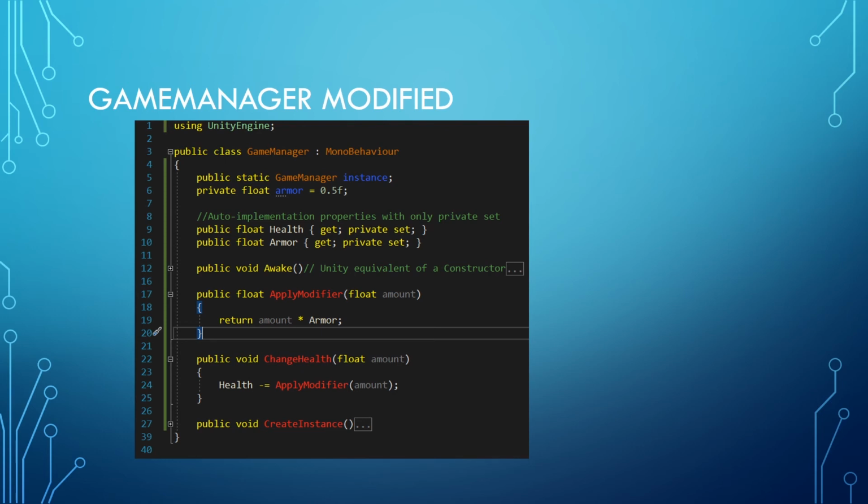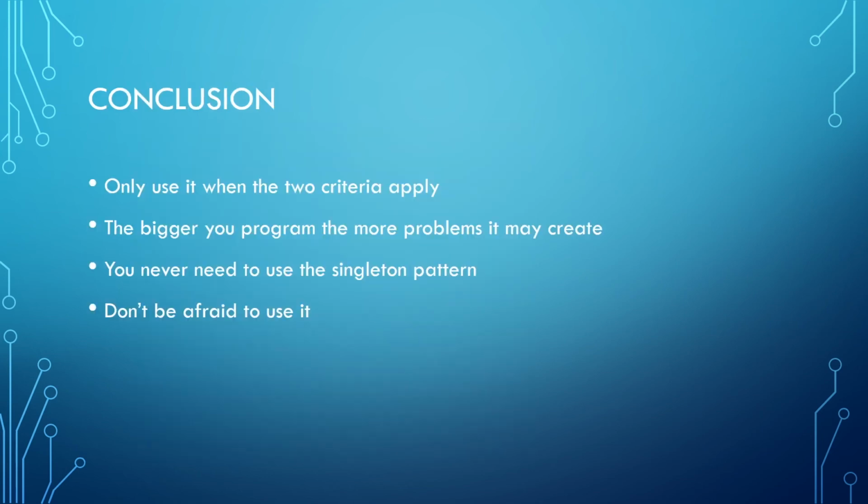In this case, I'm just multiplying the amount by the armor variable that I've created, but I could do any number of other things, apply status effects or all sorts of things in this apply modifier. And any changes I make in there do not ripple out to the places where it's been accessed in the code, because all they need to deal with is change health, and that doesn't need to change because I apply any modifications after I receive the values.